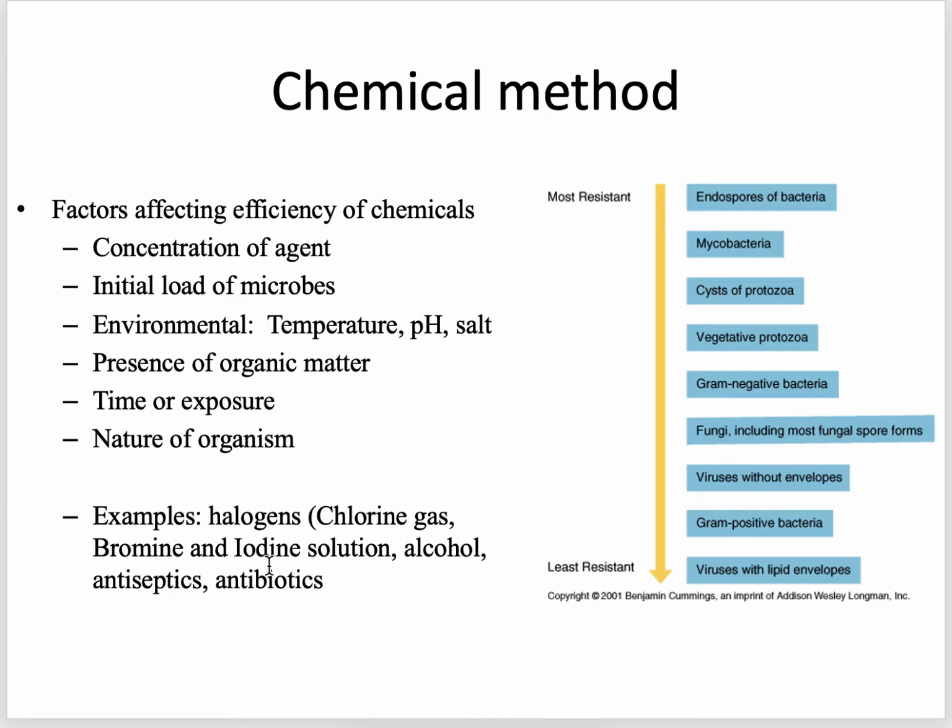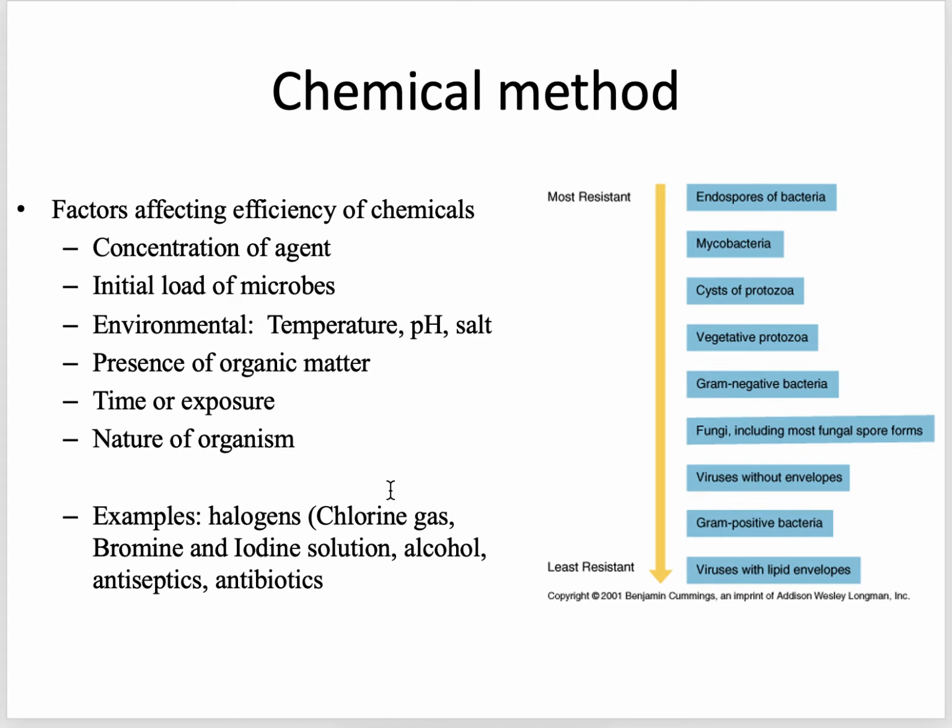We already know that there are several factors which affect the efficiency of the chemicals. As I said, suppose you want to use a certain chemical to kill bacteria. You first have to identify what kind of bacteria you want to kill, because different bacteria have different levels of resistance.